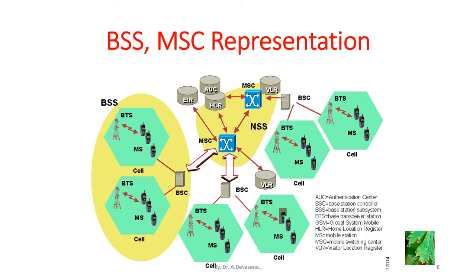This base station controller has a link to MSC, that is Mobile Switching Center. In the Mobile Switching Center, we have EIR, Equipment Identity Register, HLR, Home Location Register, AUC, Authentication Center, VLR, Visitor Location Register. This is indicated in the diagram.